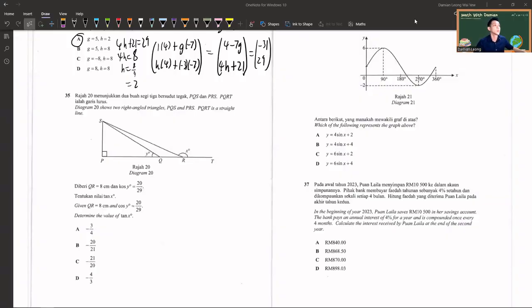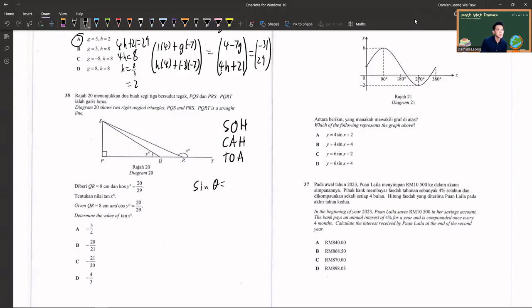Question 35. Rajah 20 menunjukkan dua buah segitiga bersudut tegak. So, two right angle triangles, PQS dan PRS. PQRT ialah garis lurus, straight line. So, from two right angle triangles, I need to relate sine, cos, tangent. So, in English is SOH CAH TOA. Tapi dalam bahasa Melayu dia berbeza sikit.